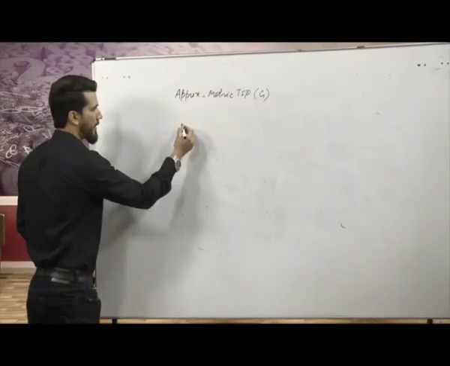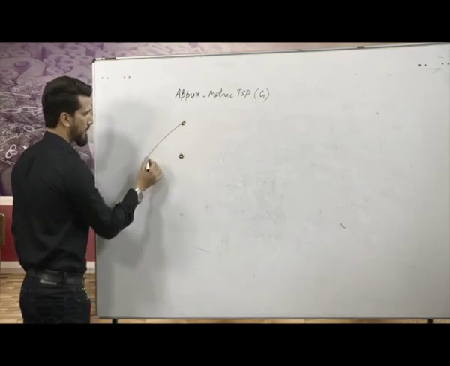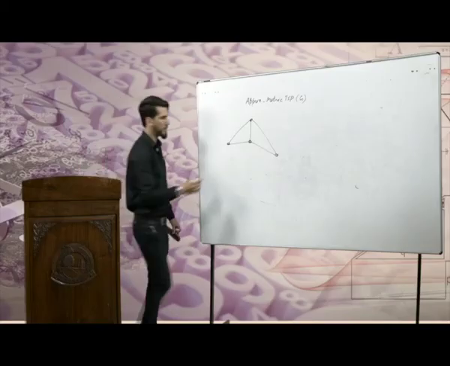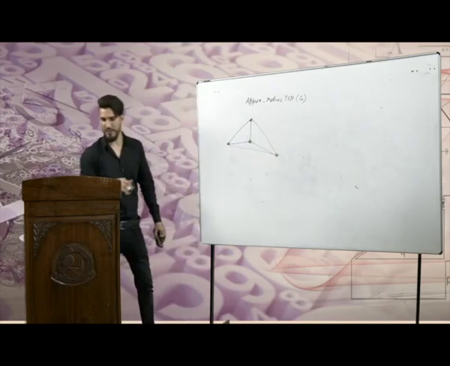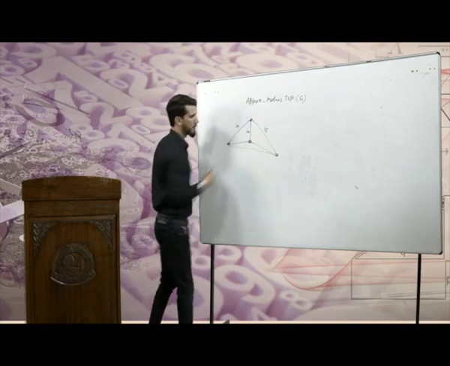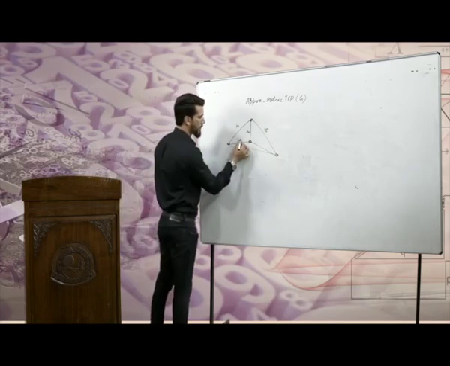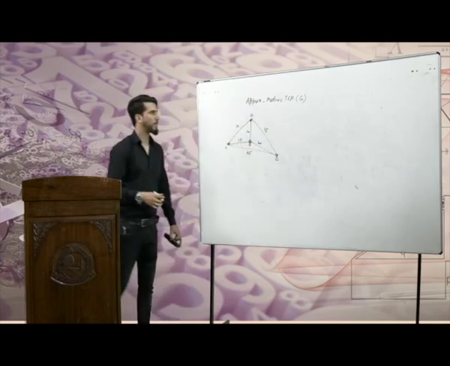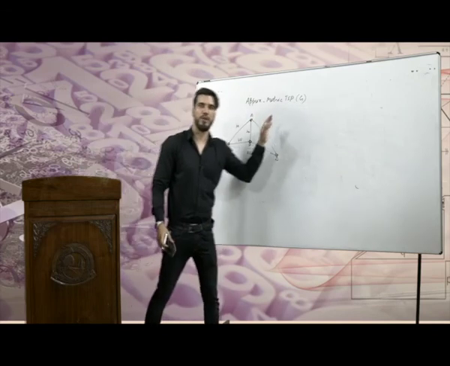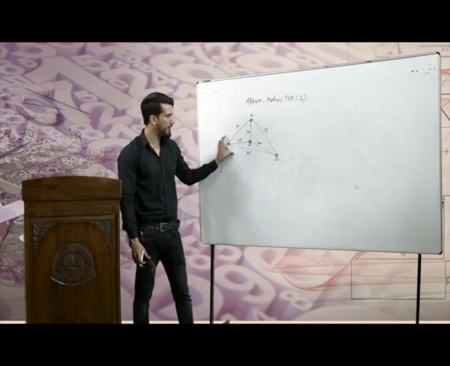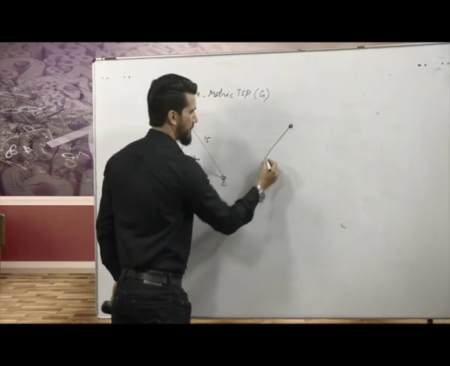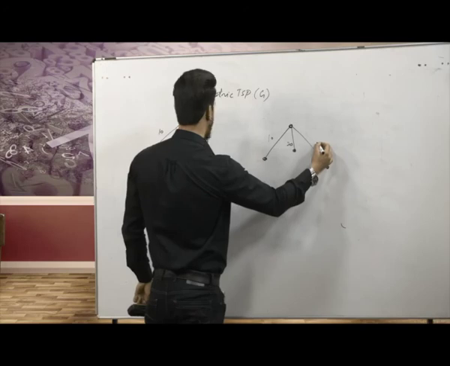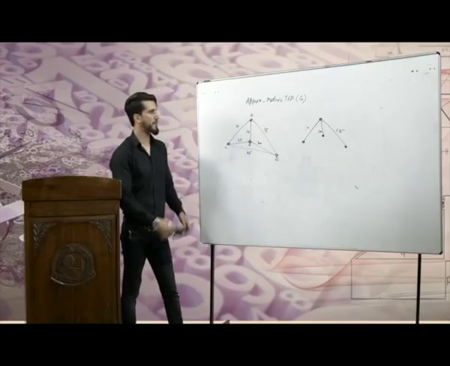Let's say we have a graph like this, with four nodes, with weights given as this. Name them A, B, C, and D. The approximation algorithm asks us to compute a minimum spanning tree for this graph, and that will be given as this. This will be the minimum spanning tree for this graph.